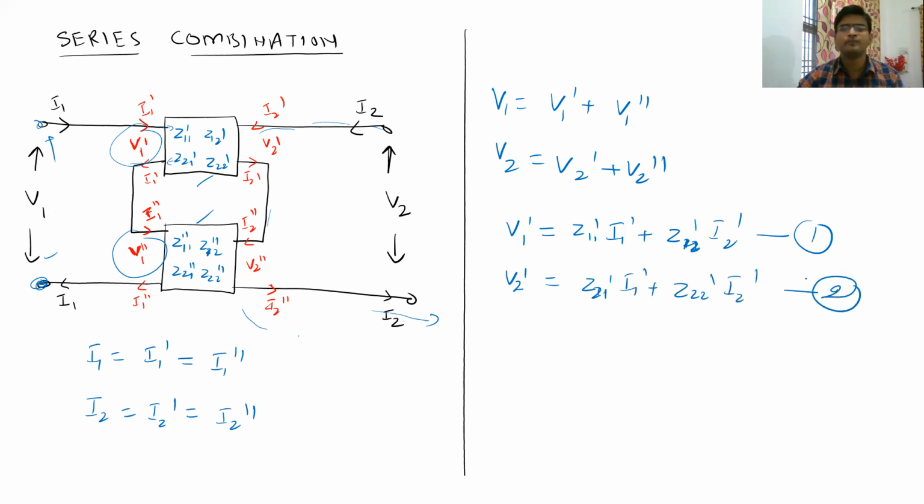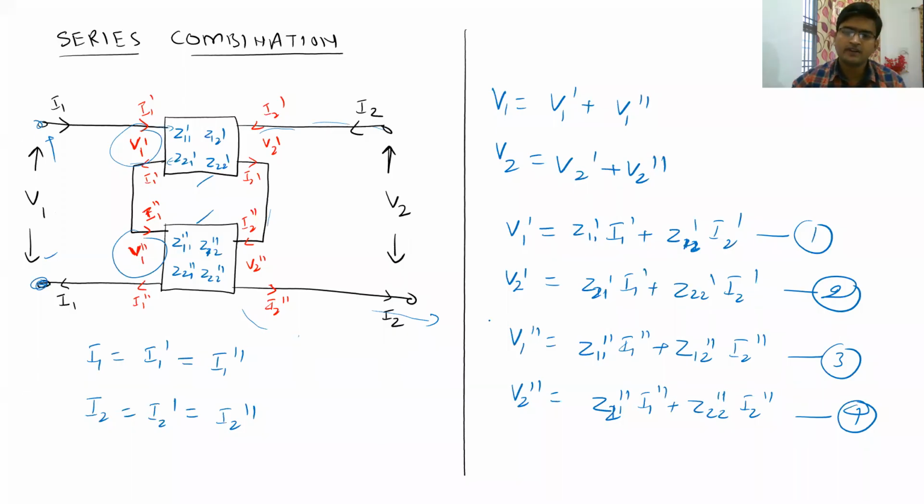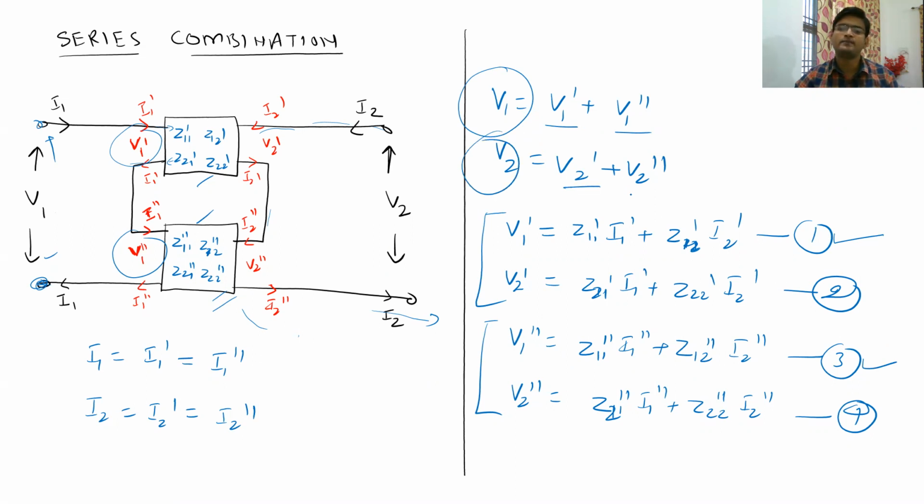This is your equation 2. Similarly, you can write the equations for the second two-port network also. So these will be the voltage equations for the second Z parameter two-port network, and this was the first. So if you want to calculate V1, you have to do V1 dash plus V1 double dash. So what you are going to do, you are going to add equation 1 and equation 3. And similarly for V2, you are going to add V2 dash plus V2 double dash.